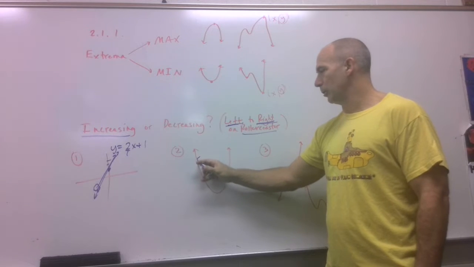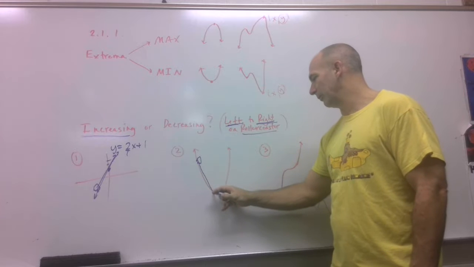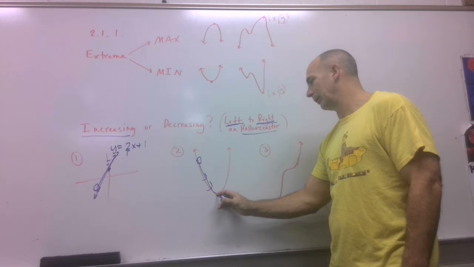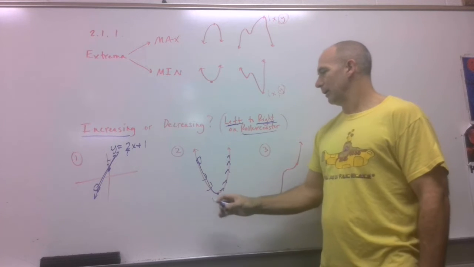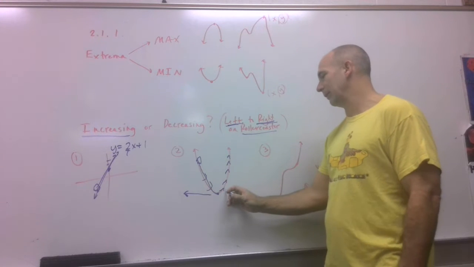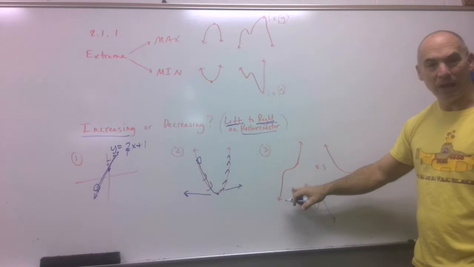This is a little different. So if we put our little roller coaster cart right there, this would be decreasing from here to here, and then things would change immediately right at this point, and then it would begin increasing. So it's decreasing on this portion of the graph, it's increasing on this portion of the graph. Here we go, another type of graph.